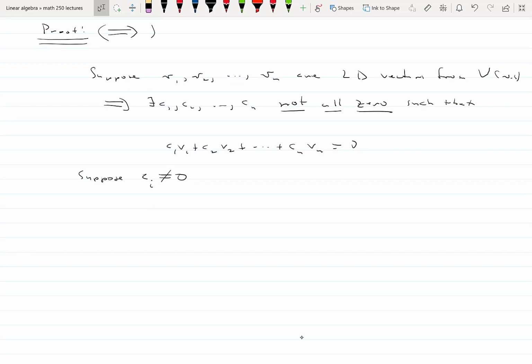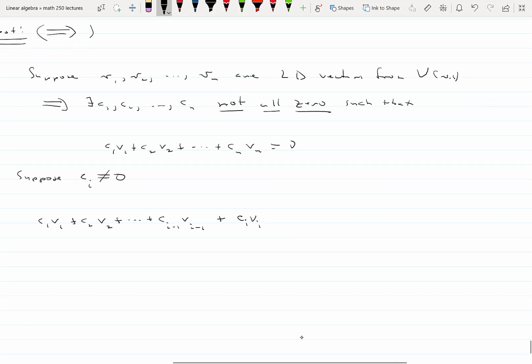Now let's rewrite the equation and isolate c sub I v sub I. This means that c1 v1 plus c2 v2 plus dot dot dot all the way up to c sub i minus 1 v sub i minus 1, plus that one term where I'm guaranteed the ci is not 0, plus the next one, c sub i plus 1 v sub i plus 1, plus dot dot dot all the way up to the end.